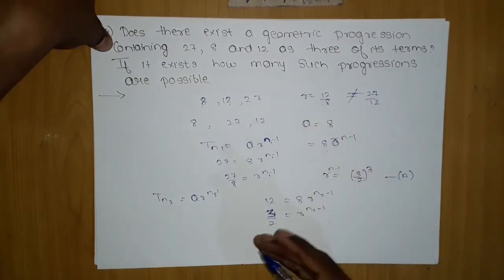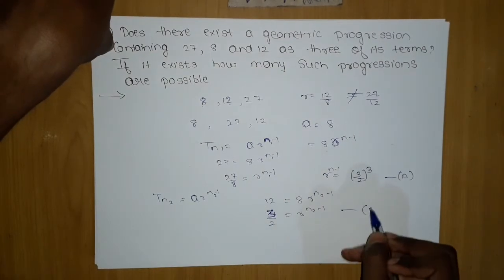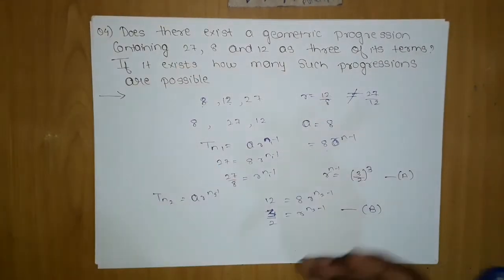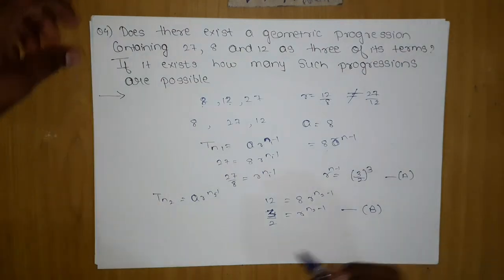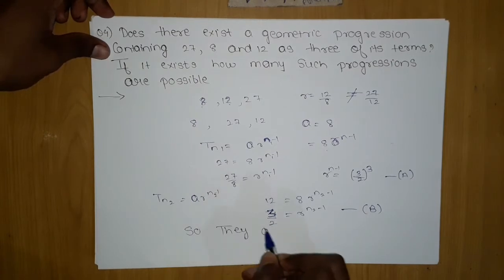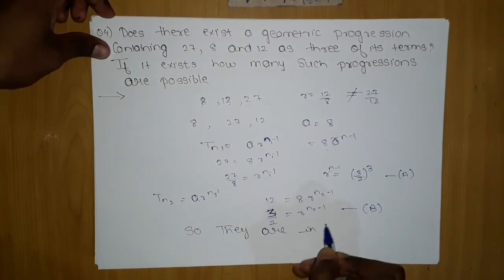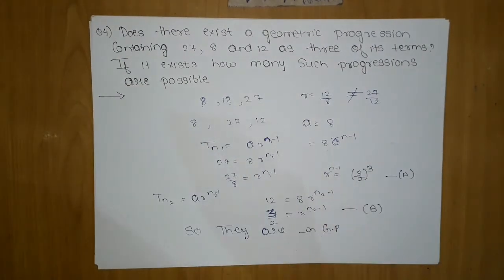Now if I divide, I get 3 by 2 is equal to r to the power n2 minus n1. Now you can see the ratio resemblance. It is just the cube of the same number, which gives you that they are in GP. After seeing the ratio multiplication, like it is 3 times, it is 1 time, you can clearly say that it is a GP.